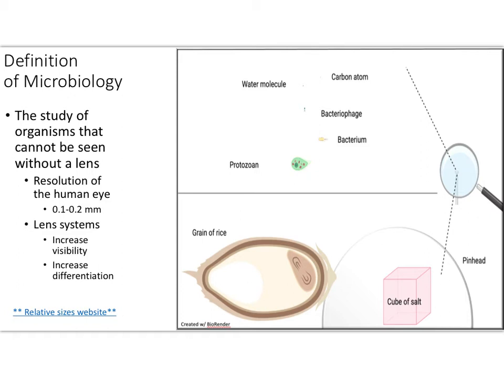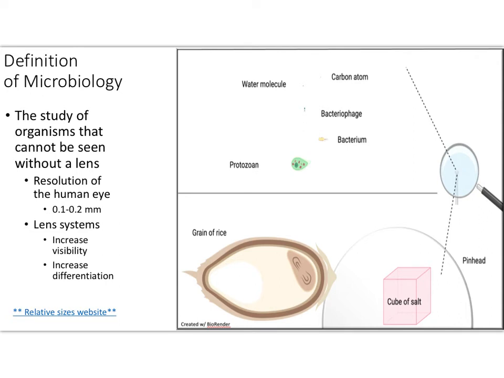I haven't defined them yet, because before we got into all of the details and all of the measurements and lenses and everything that's involved in microbiology, I wanted you first to get an understanding of the importance of this subject and everything that these microbes can do in our lives. And now we're going to switch focus and start talking about what microbes are and how we define microbiology.